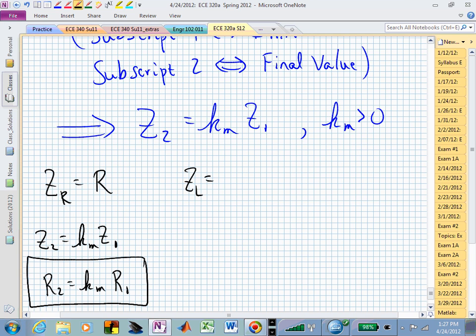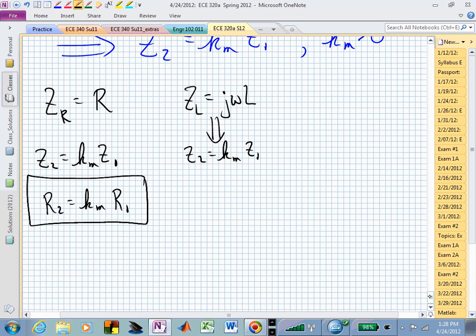What does the inductor look like in terms of its phasor form of SL, but now we're worried about its frequency response. So now we want to replace S with J omega. Now we want the impedance to be in the form of J omega L, which if we now say that Z sub 2 is K sub M Z sub 1, now we have J omega L2 is equal to K sub M J omega L1.